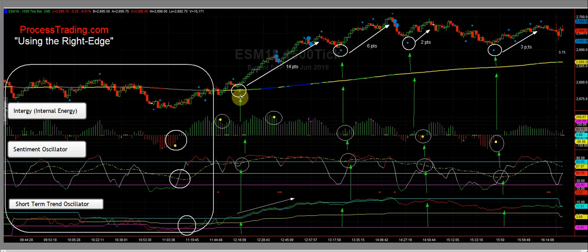The trading technique in process trading, right edge trading management, that you use to do that is the bar where that dot occurs. You look to the high and you place your trade 2 points above that to enter to the long side, 2 points above the high of that bar.